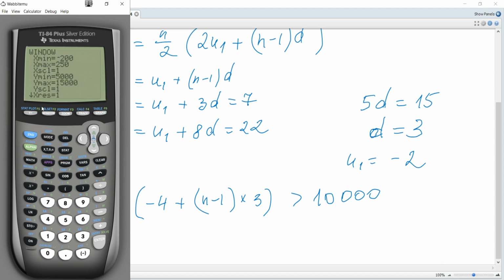In the window, definitely n is a positive integer, but to be more clear, let x be from negative 200 to 250, and y from 5,000 to 15,000. And we need this point. Let's find the point of intersection.